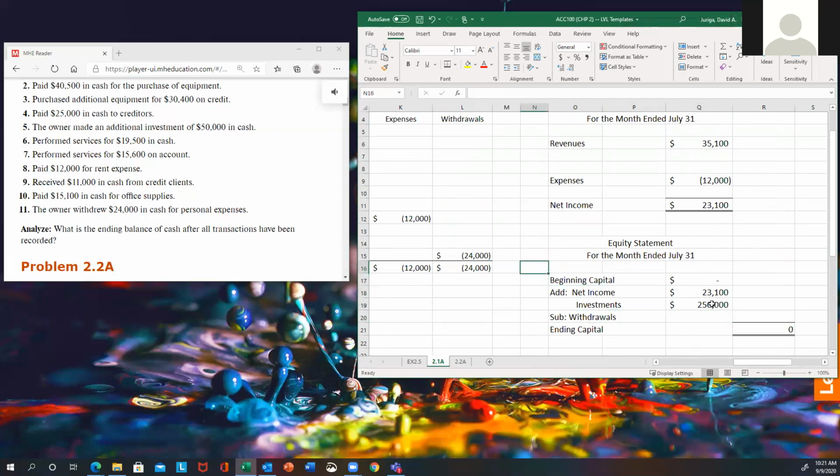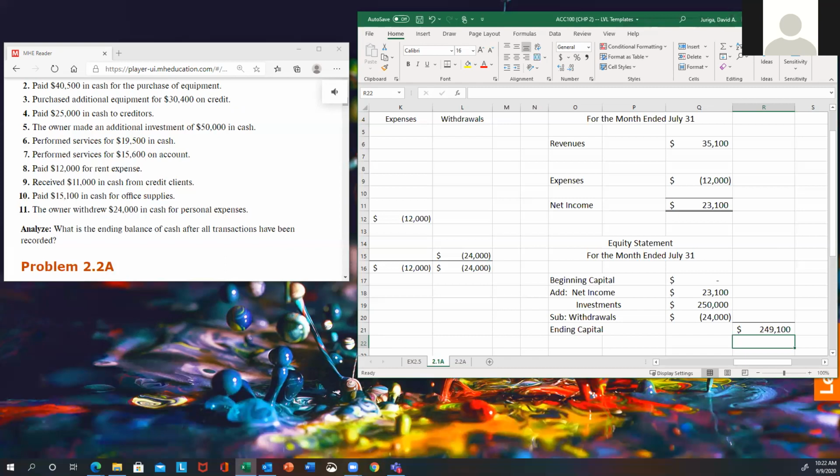Now withdrawals, there it is, $24,000 is also going to be subtracted. I'm going to put that there. To finish this financial statement, we just net the positives and the negatives, and you'd get an ending capital balance of $249,100.